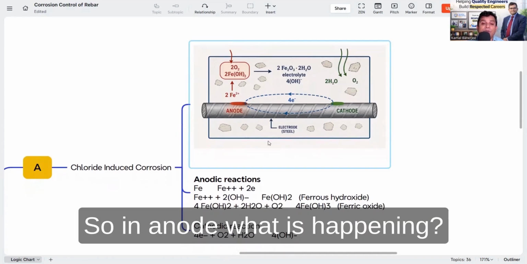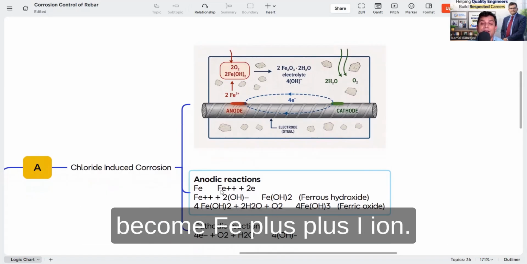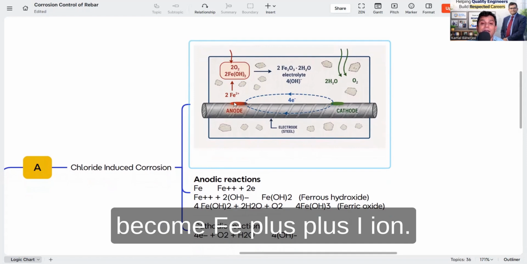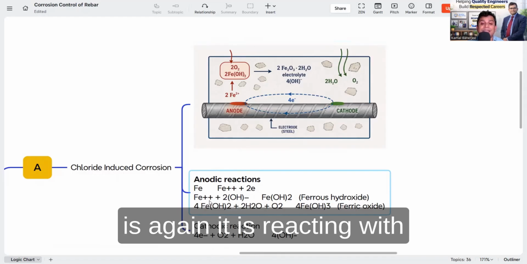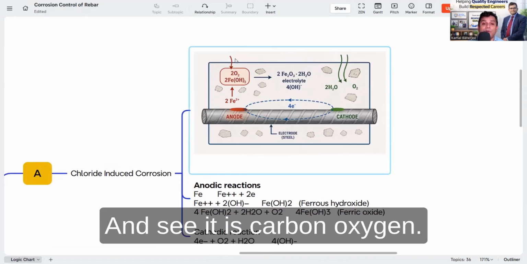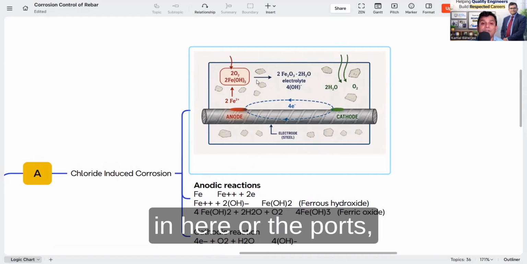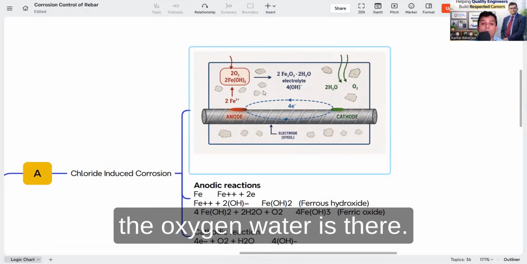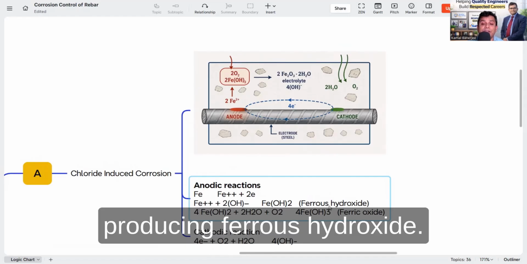So this electrochemical process is happening. In the anode, the iron releases two electrons and becomes Fe++ ion. This Fe++ ion reacts with the OH- ion, and with oxygen and water coming in through the pores, it produces ferrous hydroxide.